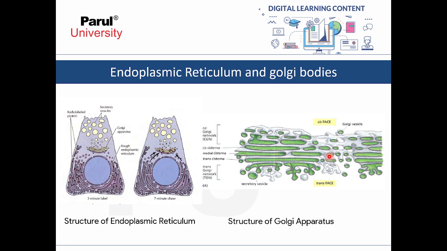The retrieval pathway for returning escaped proteins back to the ER depends on ER retrieval signals. Resident ER proteins, for example, contain signals that bind directly to COPI coats and are thus packed into COPI coated transport vesicles for retrograde delivery to the ER.